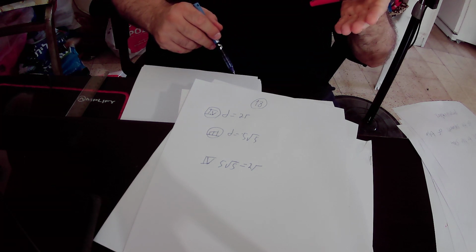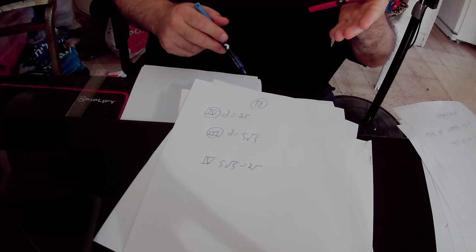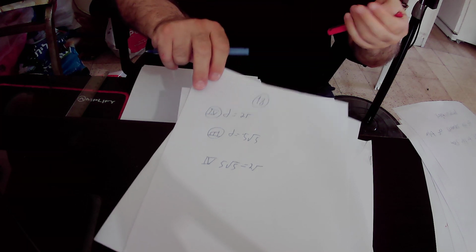Now we can divide equation number 4 by 2 and we will get the radius of the circle.